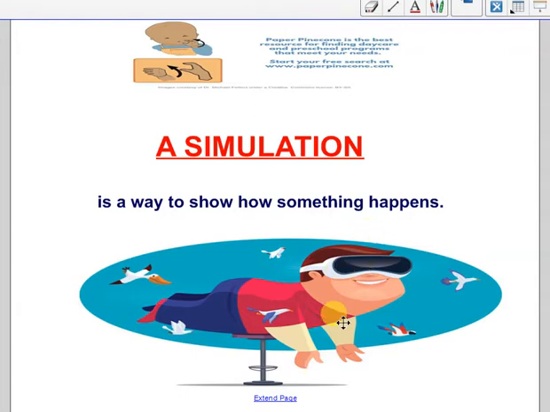Like a video game or playing a computer game or mobile game like PUBG. This PUBG is a simulation of a real war, right? So simulation is a way to show how something happened.